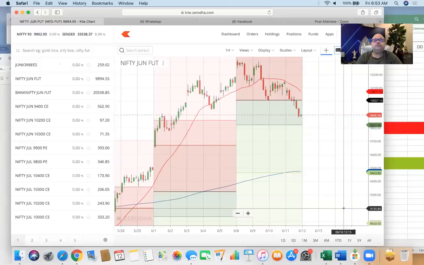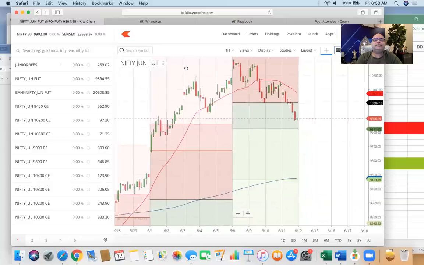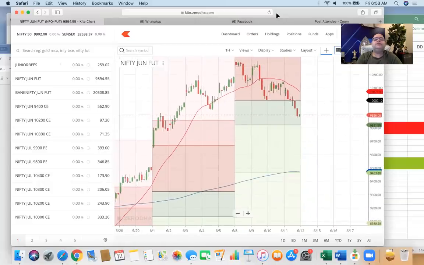So let me go towards my intraday screen sharing, and this is the head and shoulder I was talking about. So let me just annotate for you.